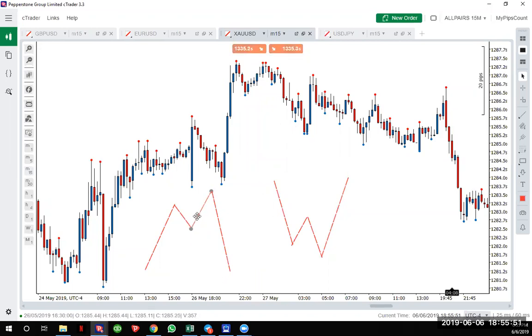So the reason these particular MW structures are so powerful is because, for instance, the M goes up, creates a high, pulls away from the high, creates a low, creates a higher high than the first high right there.